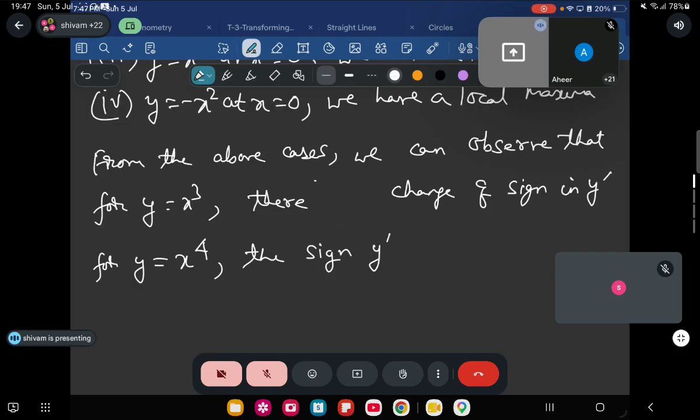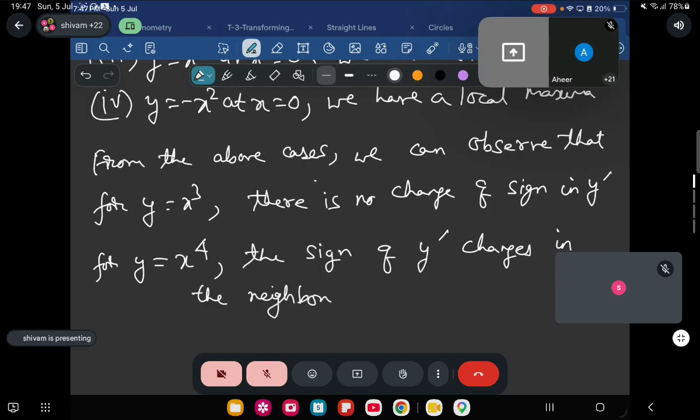So thus it becomes always increasing, right? And the sign of y dash changes around 0, changes in the neighborhood of 0. Tell me.